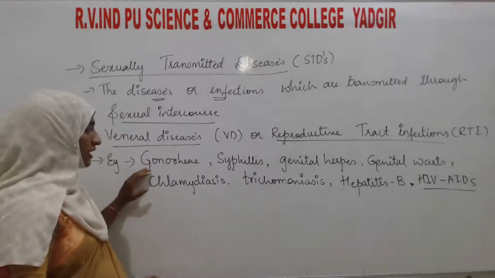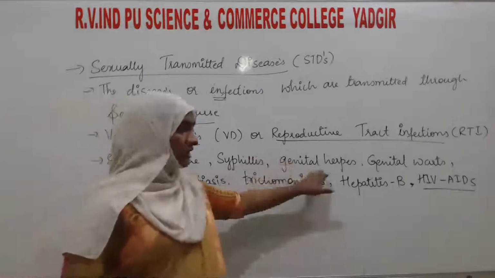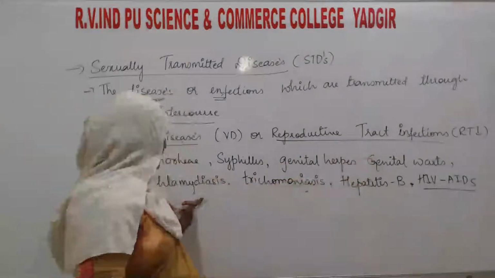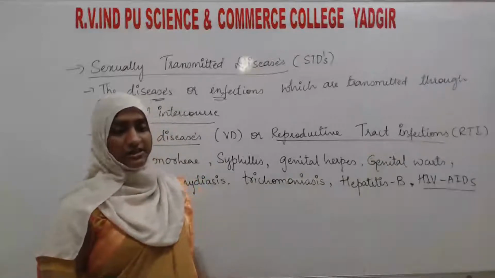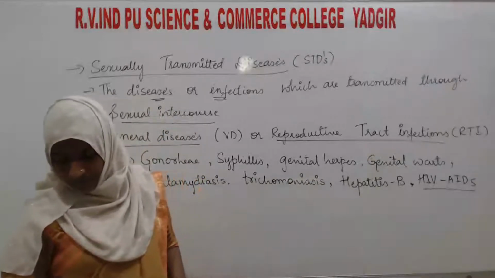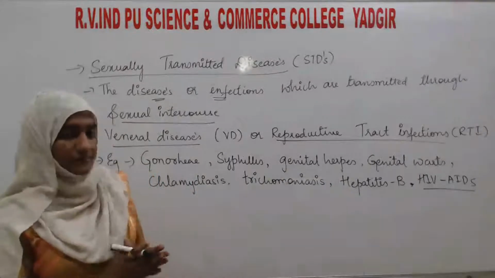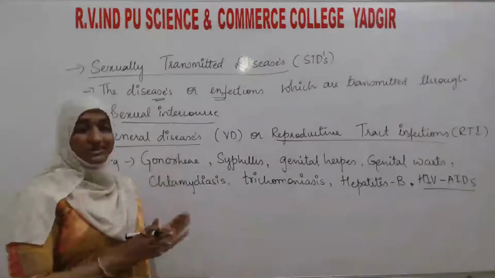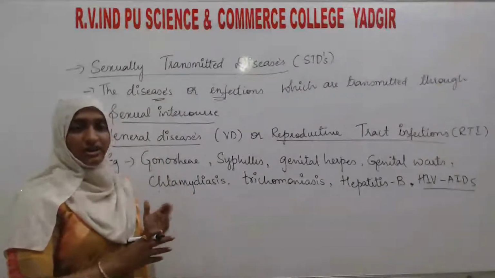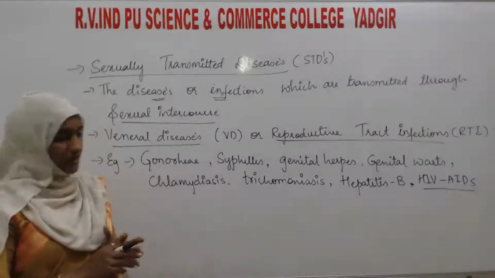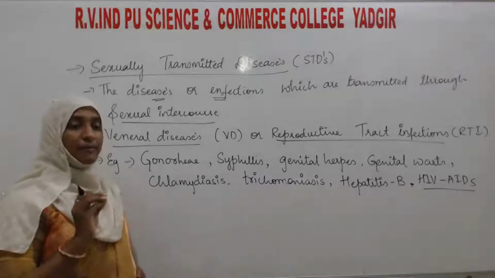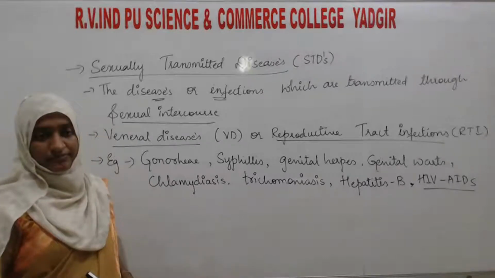Examples transmitted through sexual intercourse from one person to another are gonorrhea, syphilis, genital herpes, genital warts, chlamydiasis, trichomoniasis, hepatitis B, and HIV/AIDS. Some of these diseases are very dangerous, especially hepatitis B and HIV/AIDS.